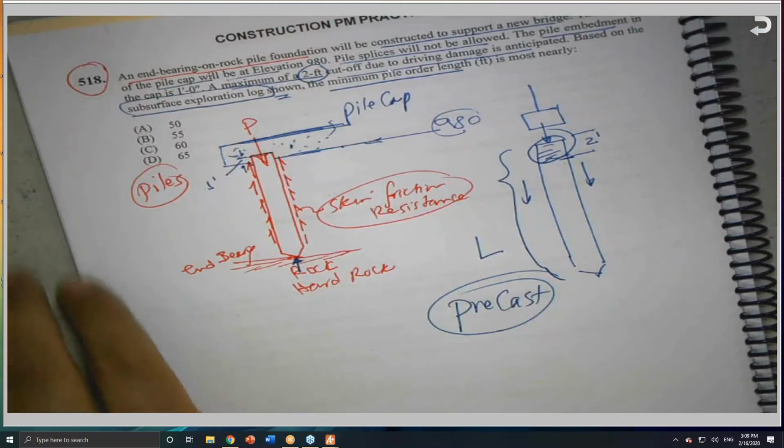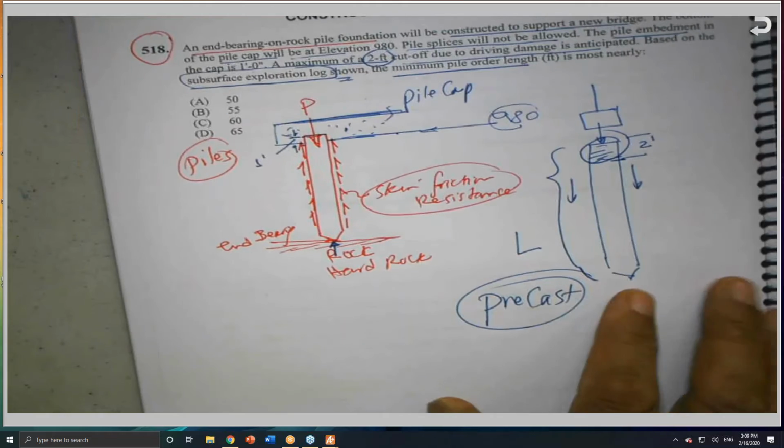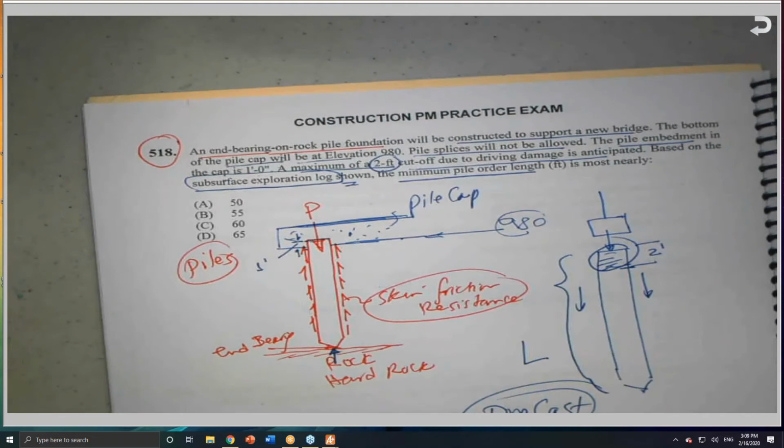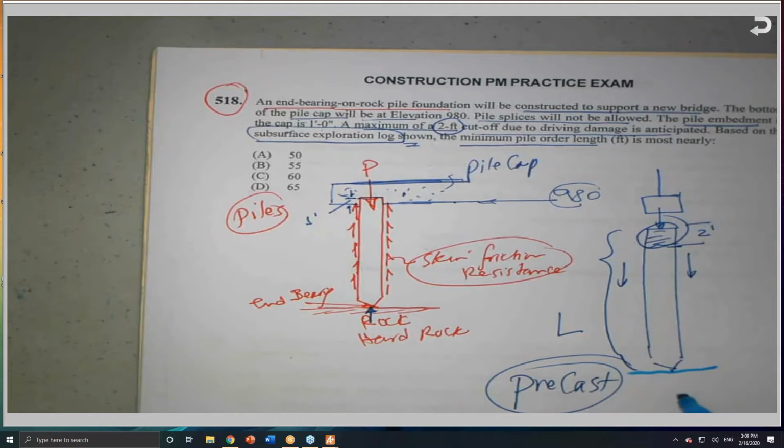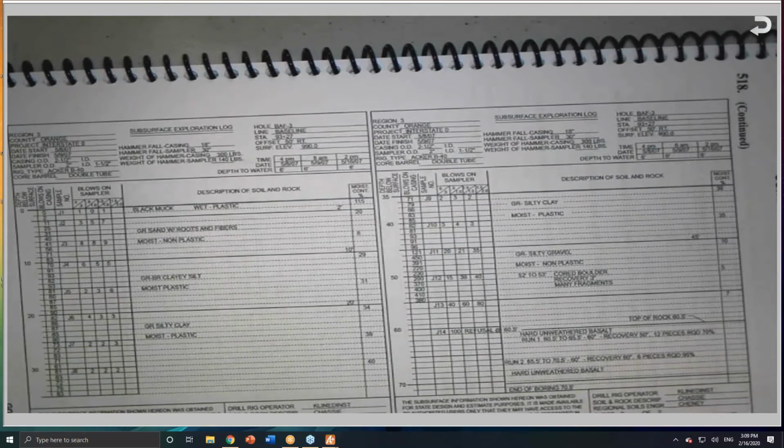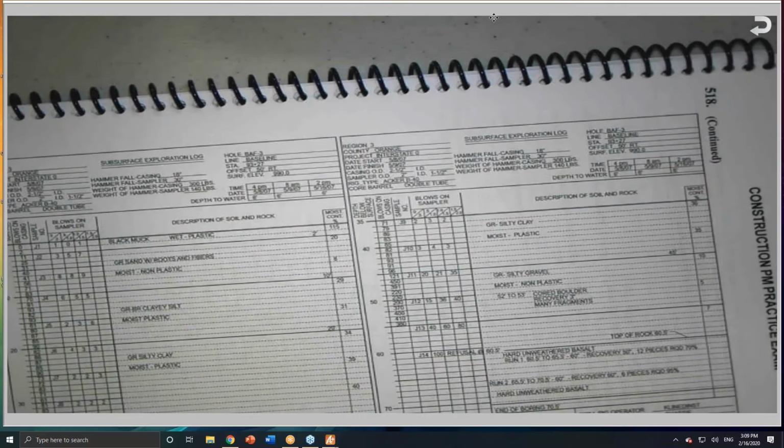But if we recall our concept, the best scenario for any pile is to be resting on a rock layer. So if I can locate the rock here, this is the top of the rock.